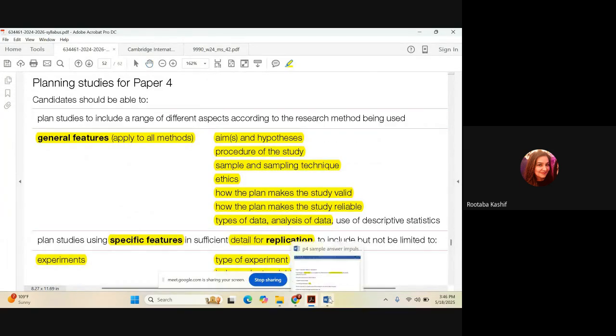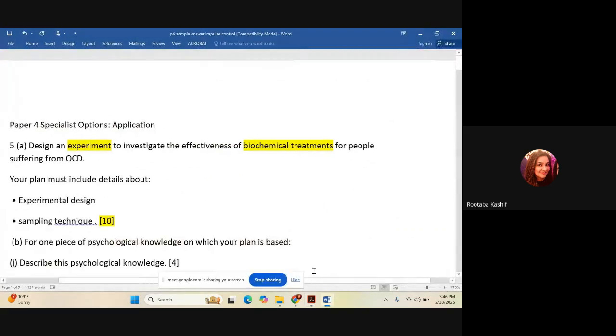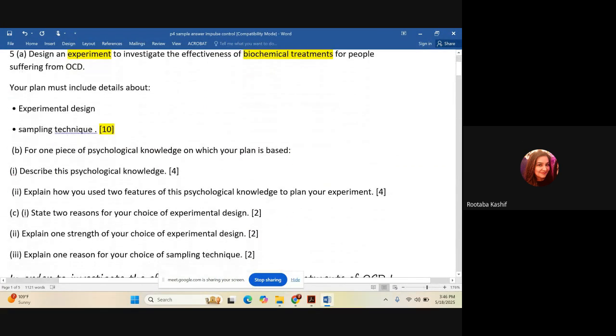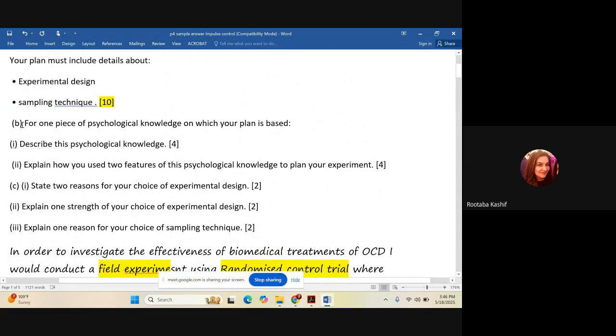Okay, now let's look at some other questions of this. Like, for one piece of psychological knowledge on which your plan is based, describe this psychological knowledge, right?